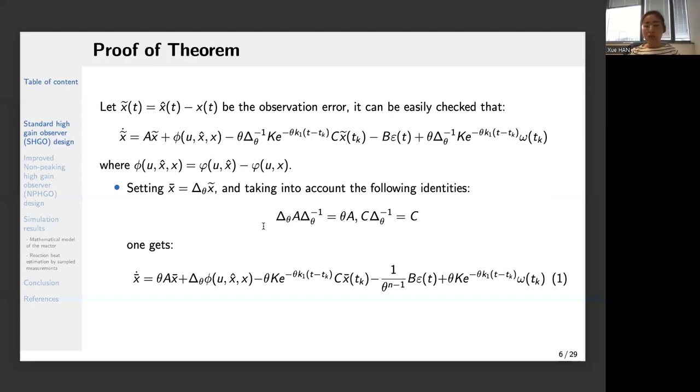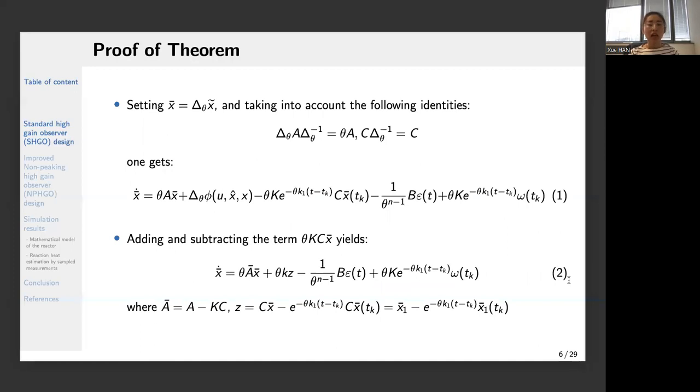By using the diagonal form of delta theta, we can easily have the following identity: delta theta times A times delta theta to the power of minus 1 equals theta times A. And for the matrix C, we have an identity like this. Then we can do the transformation and get the derivative of x bar, which is presented in equation 1.